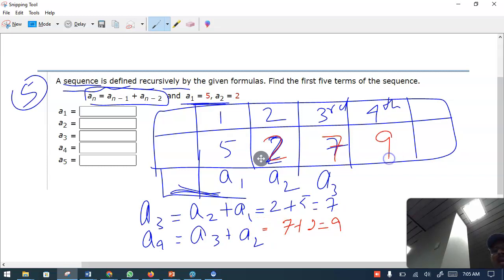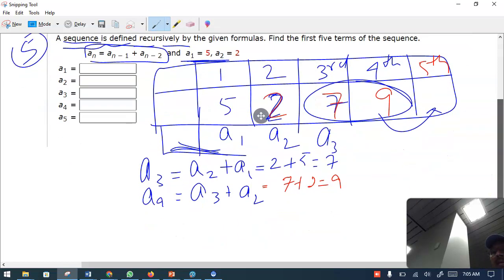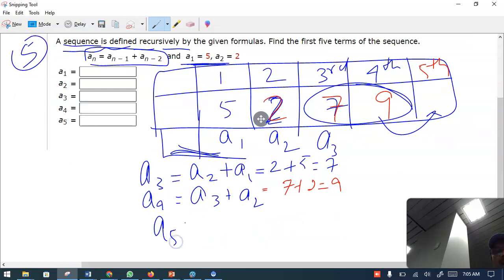So this becomes 9. You want to figure out the fifth one, A5 will be A4 plus A3, that is 9 plus 7, which is 16. And that's how you do it.